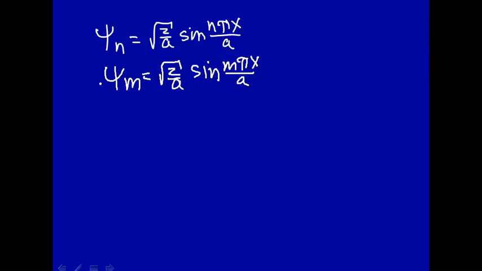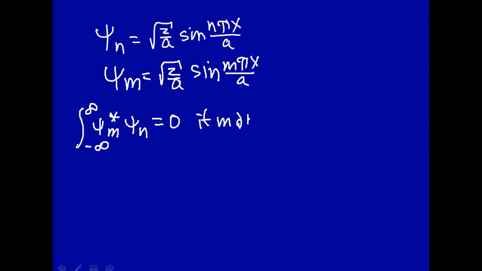If these are orthogonal, that means that if we take psi m complex conjugate times psi n, this is how you square a complex number and get a real number, and integrate from minus infinity to infinity, we want this to equal 0 if m and n are different.